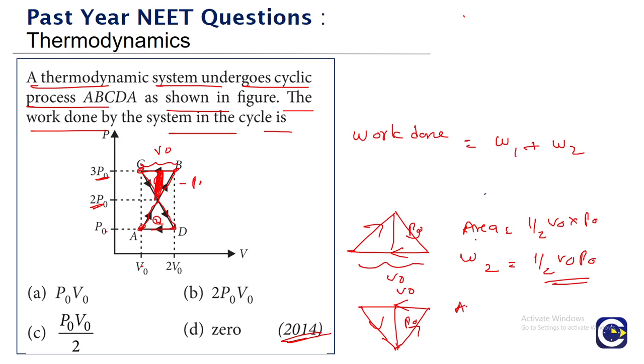Half into V0 into P0. But observe this. It's an anti-clockwise process. Anti-clockwise means W1 will be negative. So we have to take it as minus half V0 into P0.